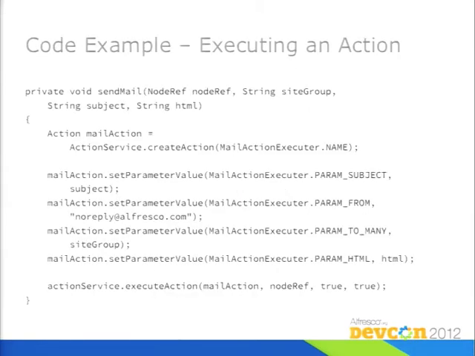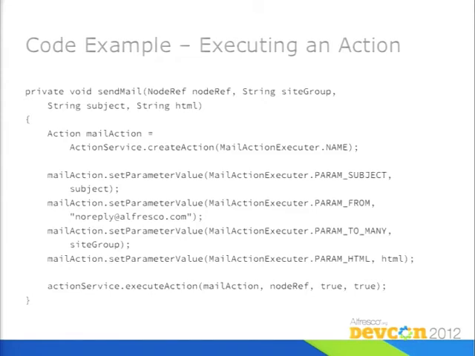So we saw before we had our behaviours. What those behaviours are actually doing, if you look in the demo code, was eventually calling this send mail method, changing the subject and the body depending on whether the asset had been added or the asset had been removed. And this is basically invoking the built-in mail action within the system.